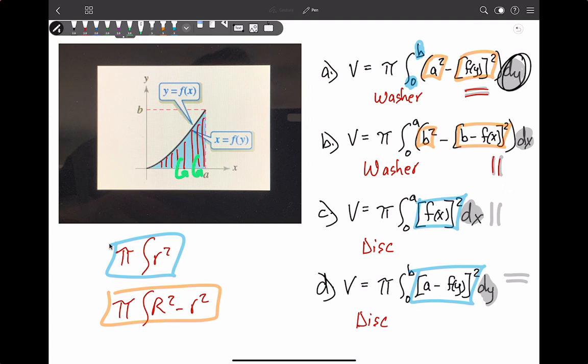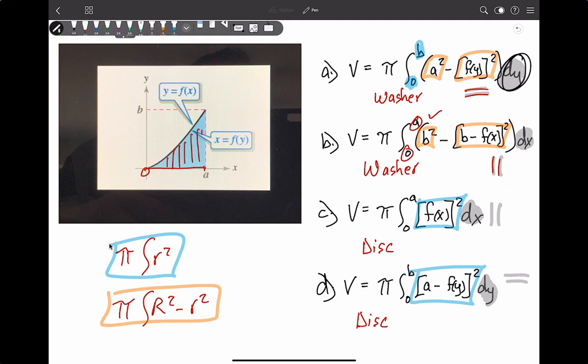And if it rotated about the x-axis, then I'm going to have from 0 all the way to a as my interval, because these are going to be these vertical slices.